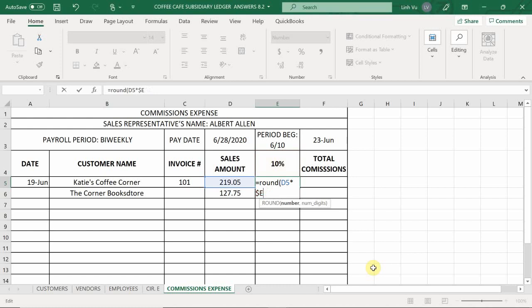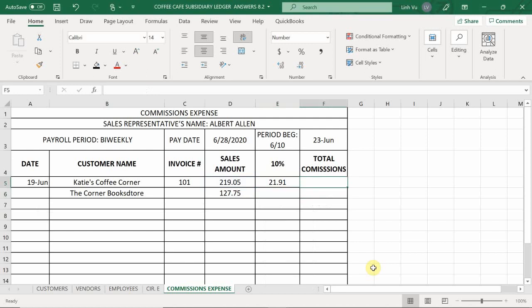How about 0.05? Okay. So on this column right here, total commissions, I'm going to go 21.91, okay?